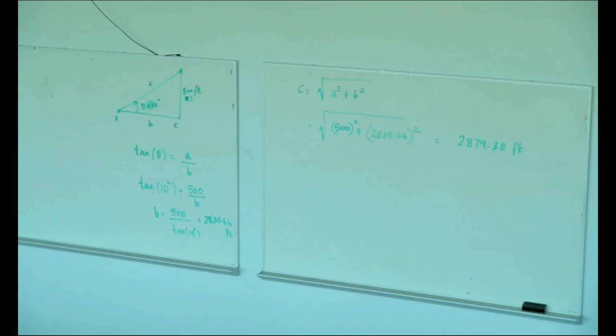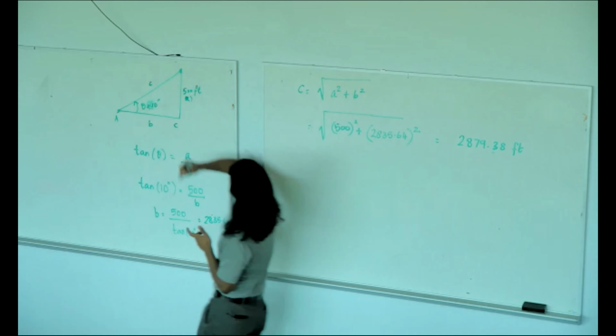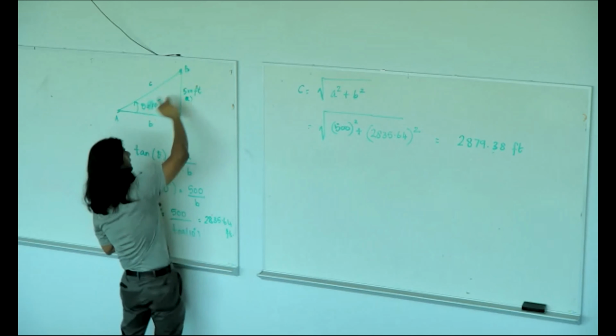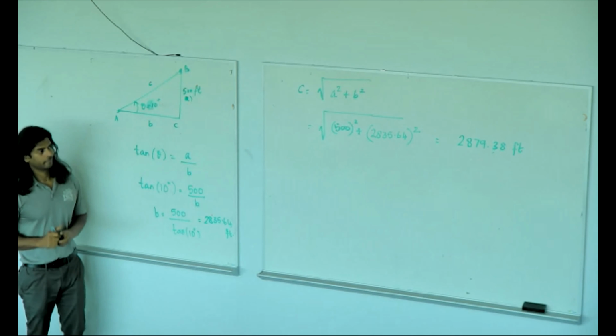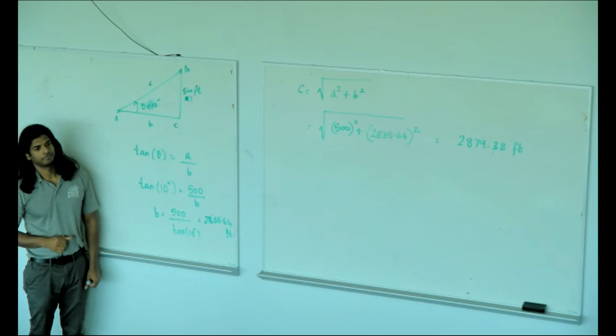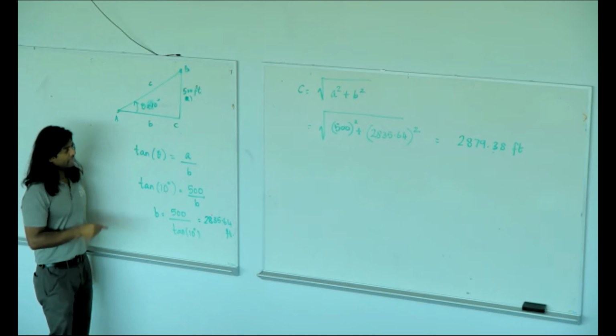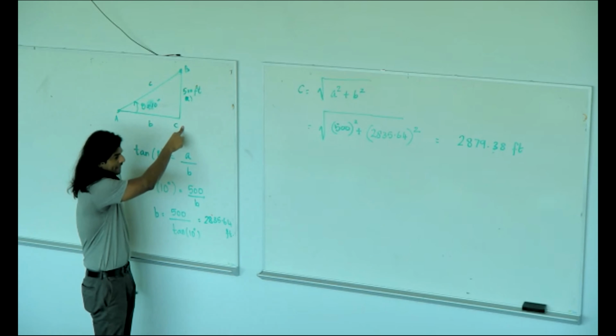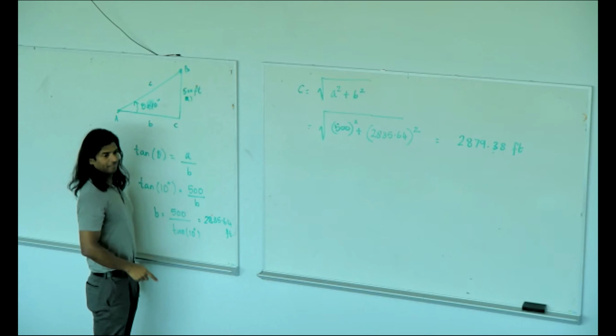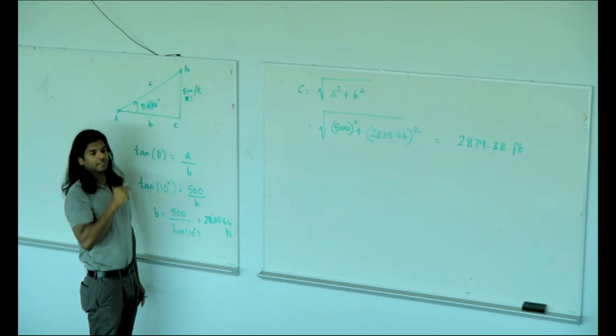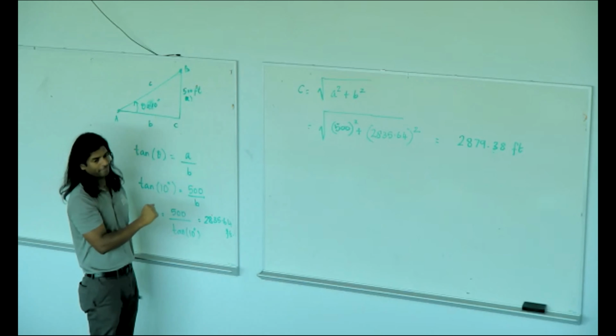Here's a question. Why aren't we looking at AC, and why are we looking at this distance, AB? It's flying up, right? If you were standing here with the plane still, you look up and want to know its distance, then it's 500.